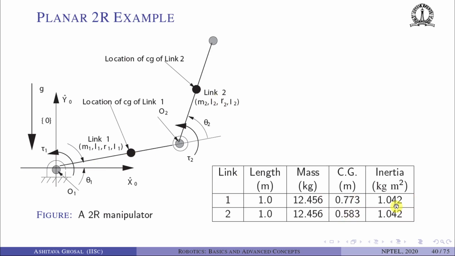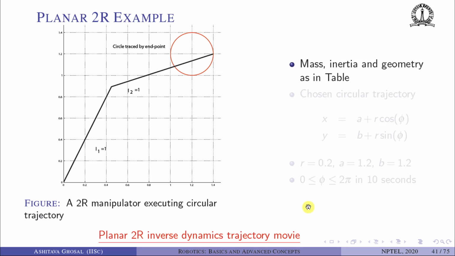And the inertia is 1.042 kg meter square. These numbers are from data from an experiment. You might think, why have we chosen all these funny looking numbers? These are actually from some experiment in the literature. So the mass, inertia, and geometry are as in the table.